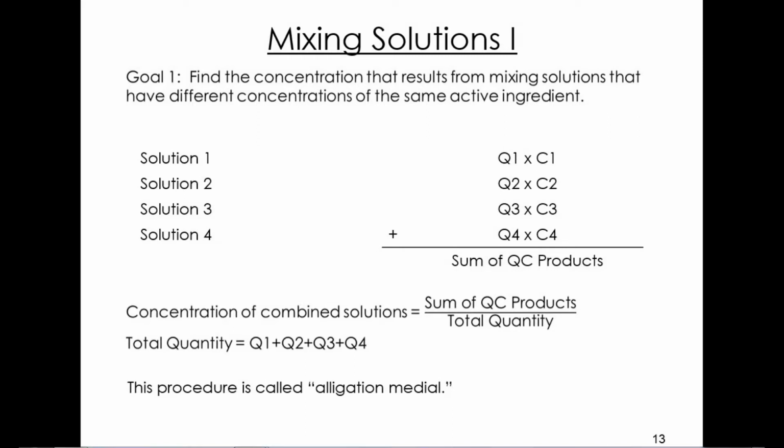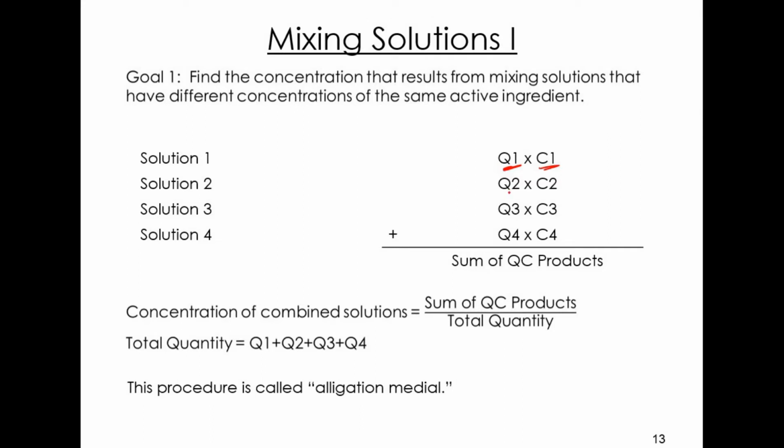So to get the amounts of drug in each solution that you're mixing together, you could set up proportions for each one, or you could just do what we did when we talked about the dilutions equation, where you can multiply a concentration by its total quantity, and that will give the amount of drug.